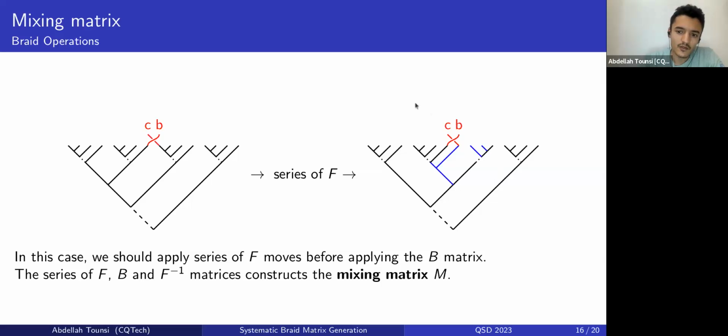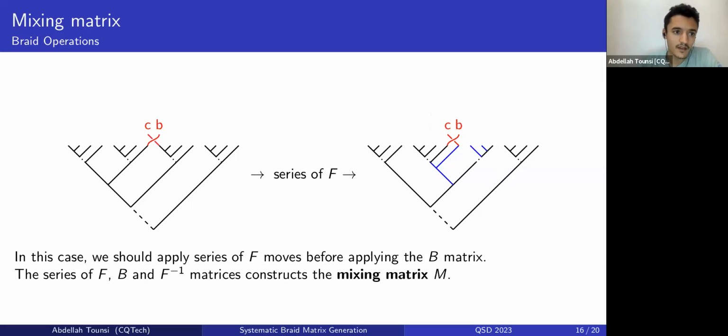So in this situation, we can apply the braiding matrix and go back again to the initial fusion order. The product of all such transformations will construct, or give us, the mixing matrix.